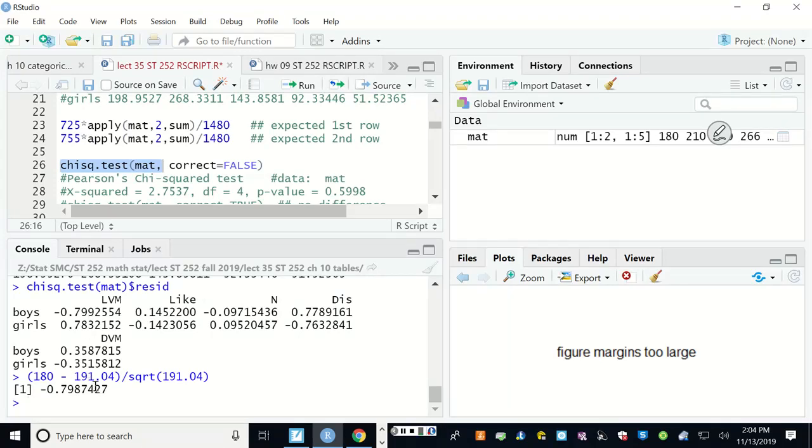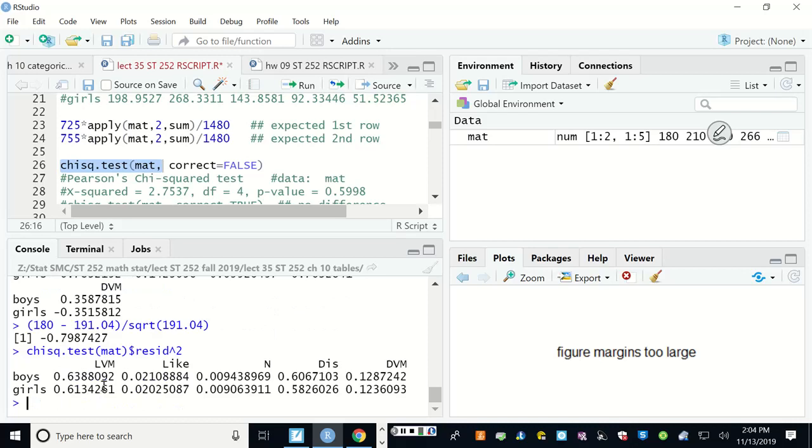There's a little bit of rounding there, so it's pretty close. The thing you add up is really the square of that, so we would add up the squares of the residuals.